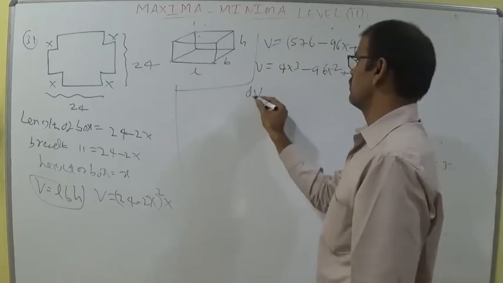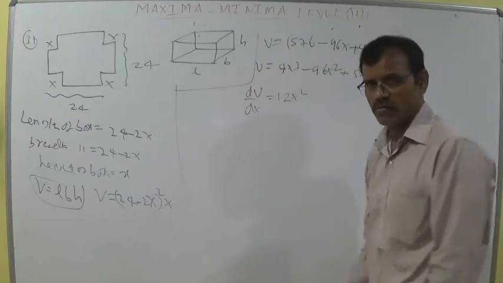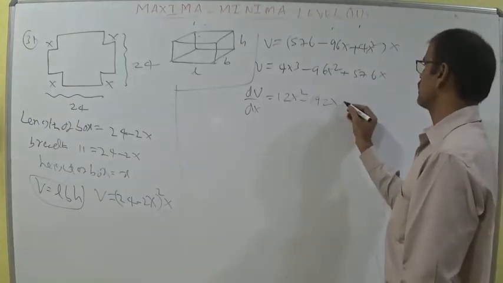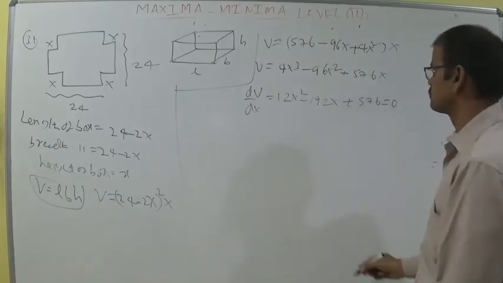Now you write dV by dx to calculate whether the box volume is min or max. dV by dx is equal to 12x square minus 192x plus 576 equal to 0.